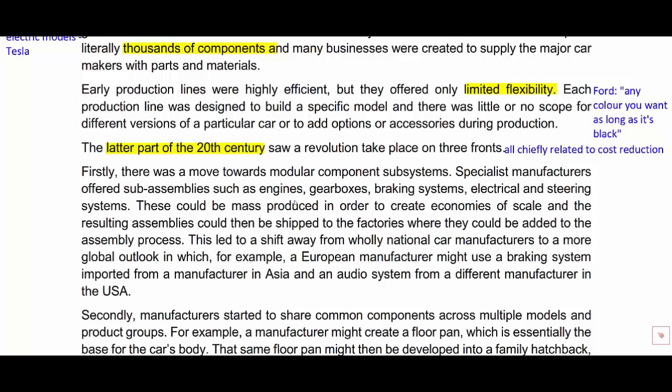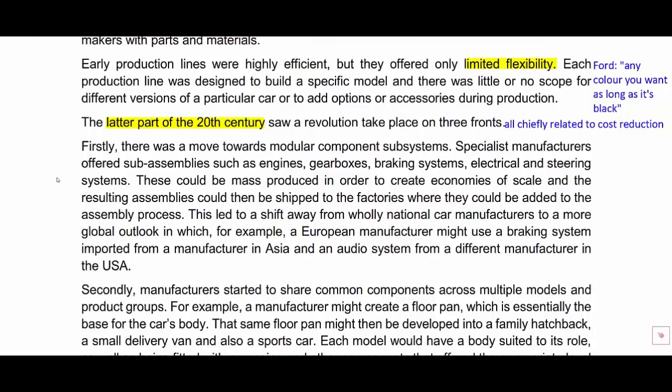It counters that limited flexibility, in fact. But most of the developments we're going to see throughout the latter part of the 20th century deal with cost reduction. And how are you achieving those cost reductions? Well, there's a key term, economies of scale. You're going to see it again and again.